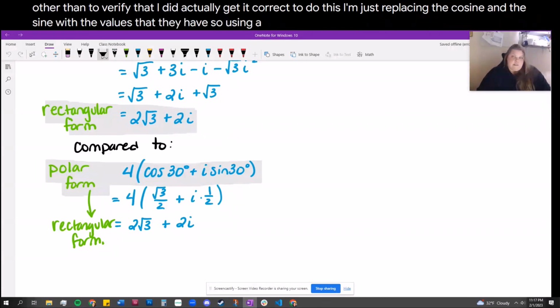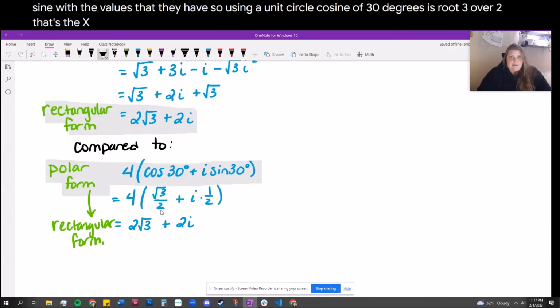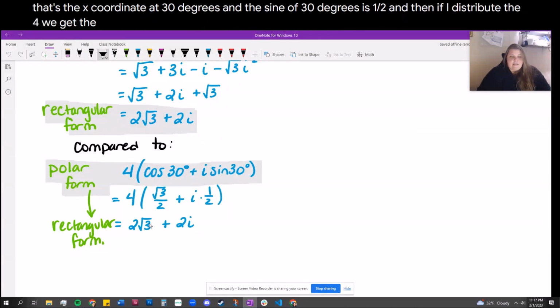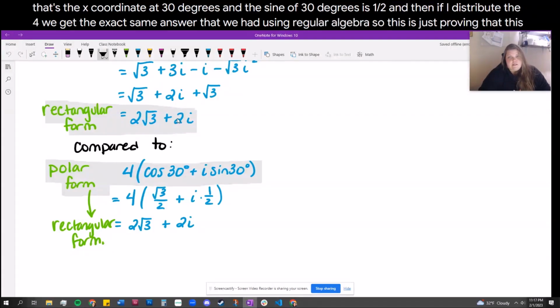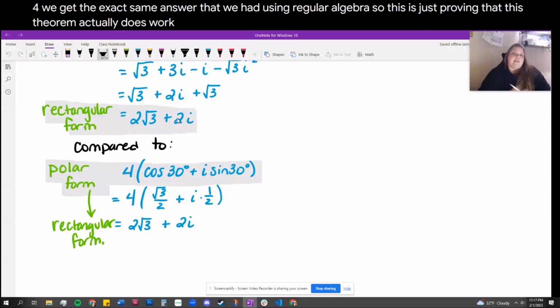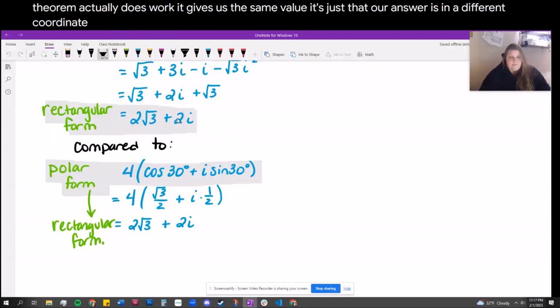So using a unit circle, cosine of 30 degrees is root 3 over 2. That's the x coordinate at 30 degrees. And the sine of 30 degrees is 1/2. And then if I distribute the 4, we get the exact same answer that we had using regular algebra. So this is just proving that this theorem actually does work. It gives us the same value, it's just that our answer is in a different coordinate system.